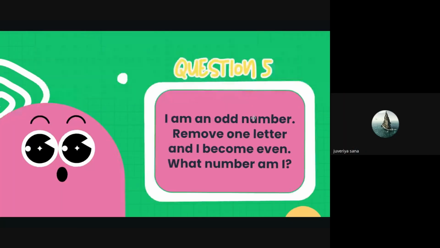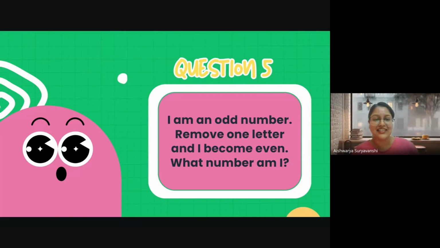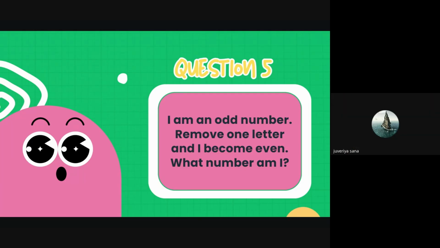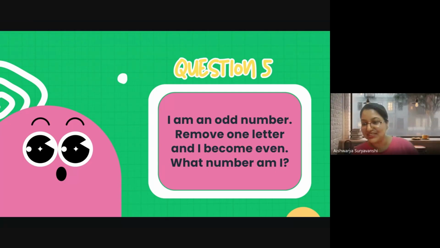All right. Our next question. This is section 3. It's a riddle. I am an odd number. Remove one letter and I become even. What number am I? Zero, seven. We have a couple of people who are saying 7 also.